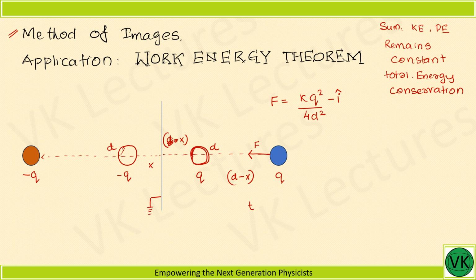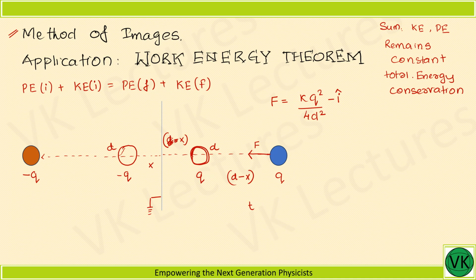So in this process, the initial energy, the sum of the kinetic energy and potential energy, that is potential energy initial plus kinetic energy initial, is equal to potential energy final plus kinetic energy final. The sum of the kinetic energy and the potential energy is equal to a constant.